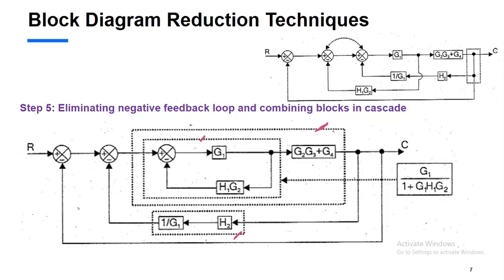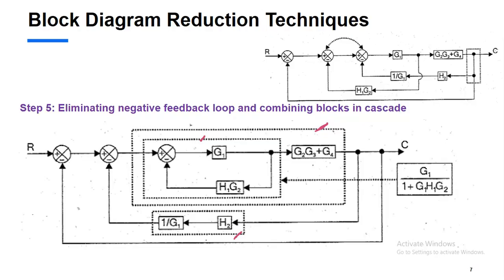Next, we have to eliminate the negative feedback loop and combine the blocks in cascade. When you solve this one, negative feedback, G divided by 1 plus GH. So G1 divided by 1 plus G1 G2 into H1. This is the equivalent.